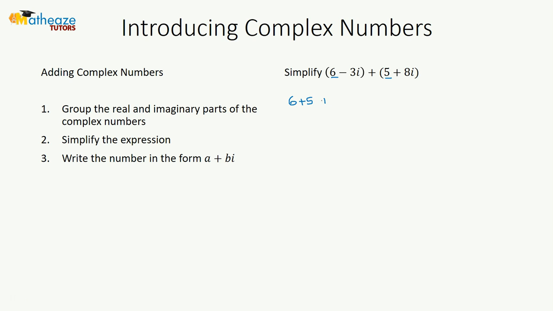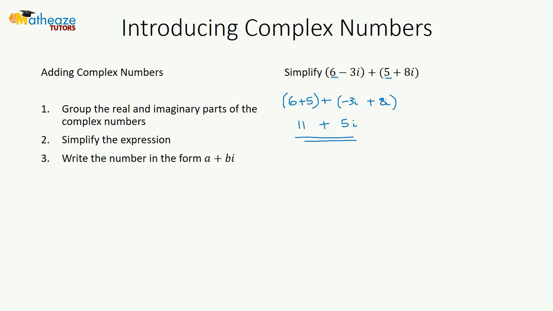And then plus, so I'll put this in parentheses, plus, and then we're going to look at the imaginary numbers there. We have minus 3i plus 8i. So we have 6 plus 5 is 11, plus minus 3i plus 8i, that's 5i.